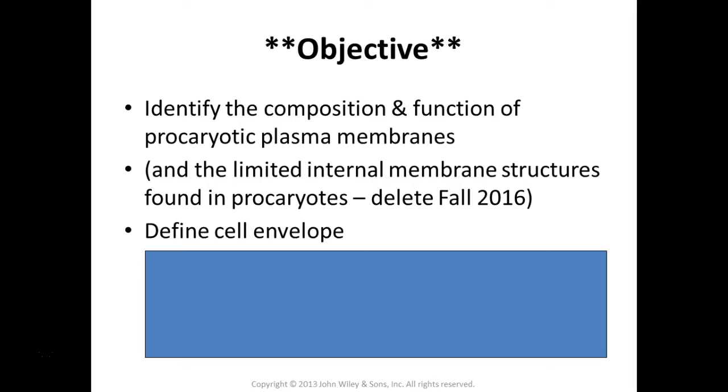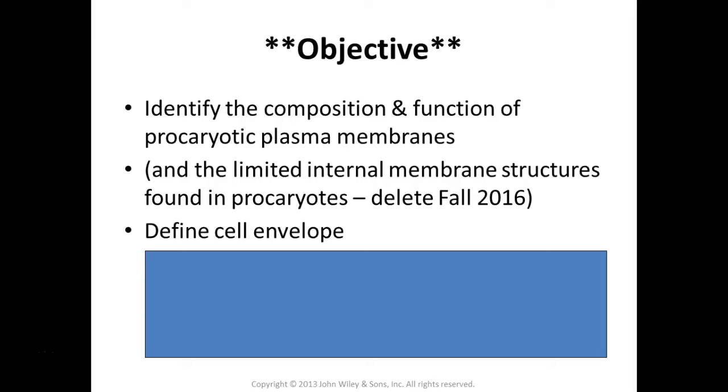What else does a cell have? What's all that stuff on the inside called? Cytoplasm. Is that part of the envelope? No. What surrounds the cytoplasm? The plasma membrane. All cells have that, right? That defines the cell. Is that part of the envelope? Yes, that is the first layer of the envelope.